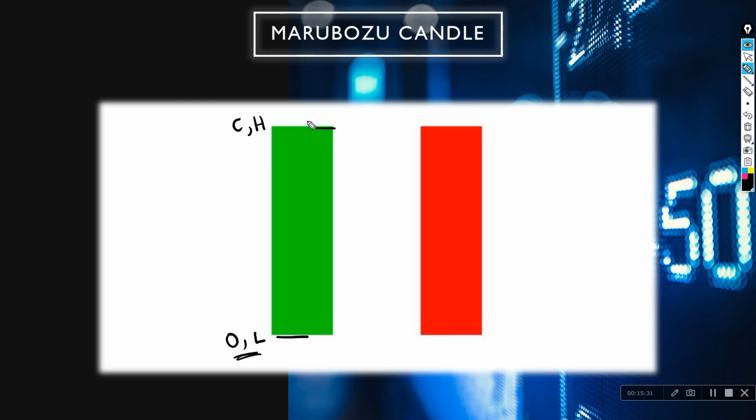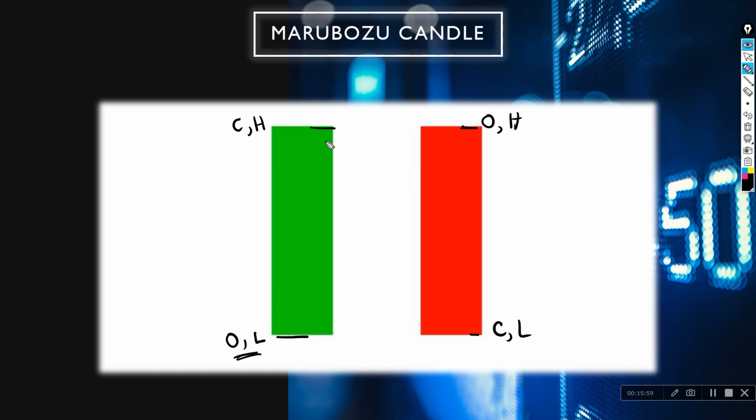Moving ahead, if I consider the bearish candle, the open price and the high price are the same, and here the close and low are the same. So in a bearish Marubozu candle, your closing price and the low price will be the same, and the opening price and the high price will be the same.